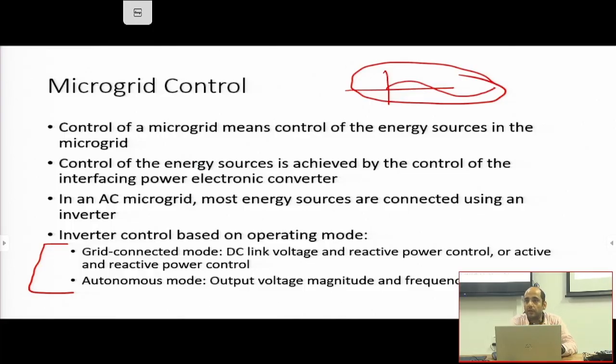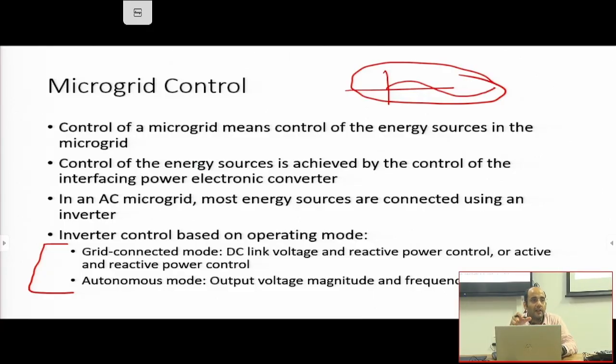For example, you all have read about a single machine infinite bus system. We say when there is an infinite bus, a single machine doesn't have the active and reactive power capability to change the voltage or frequency of the grid. So whatever power is injected, whether active or reactive power, it is injected while the voltage is fixed by the grid. To change the active and reactive power, basically the current gets changed.